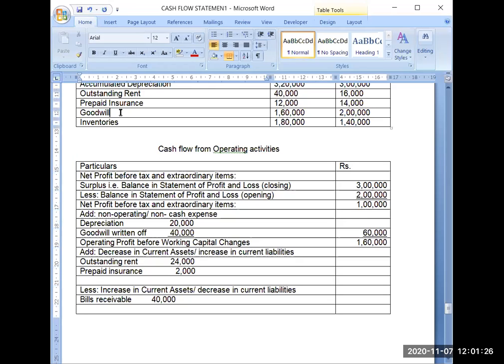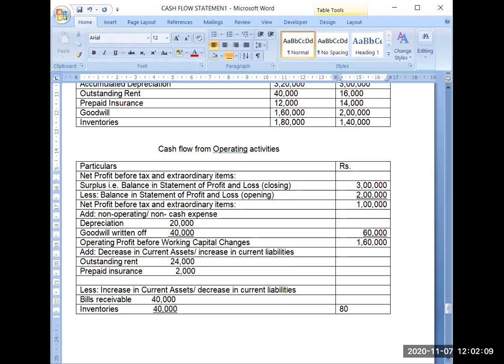Then goodwill we have adjusted in the second step. Inventories are increasing by 40,000. Inventories are increasing, so an increase in current assets will be reduced. See, your inventories can increase only when you purchase the inventory. So that will reduce your cash. So inventories will be subtracted by 40,000. Okay.